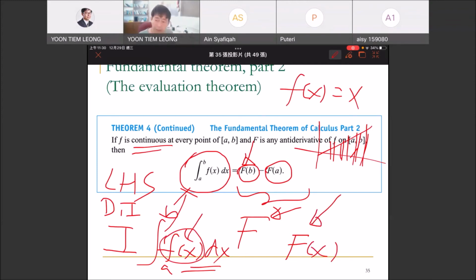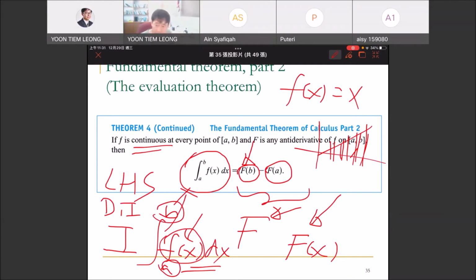So if you can obtain your antiderivative, then just evaluate it at the lower limit and upper limit and take the difference. So here, instead of carrying out a Riemann sum, you just evaluate the antiderivative at the limits. Evaluating the values of a function is much easier than evaluating the Riemann sum.